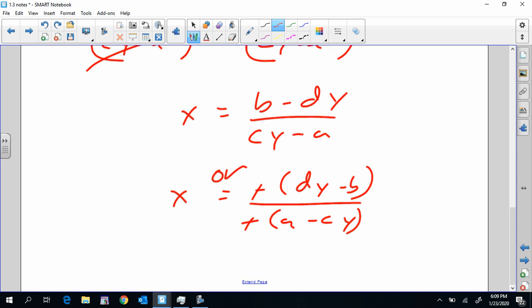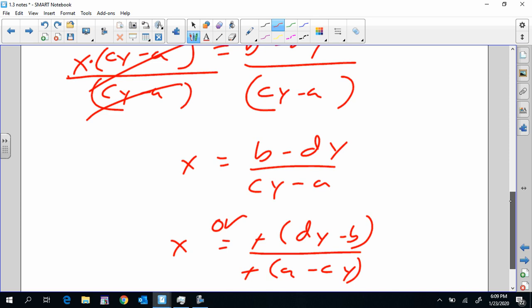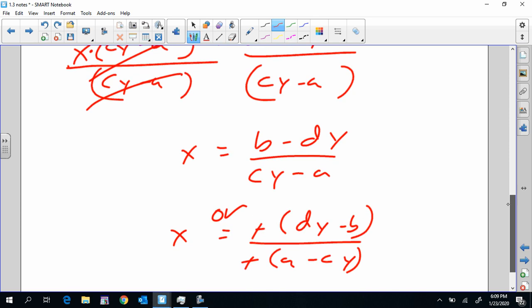You could have had that, right? You could have had just the denominator factor out a negative sign, move it to the numerator, and distribute it in. There are many ways to look at this expression. Make sure you understand all of them when you're checking a multiple choice answer. Does that mean the next test is multiple choice? Maybe. Maybe not.